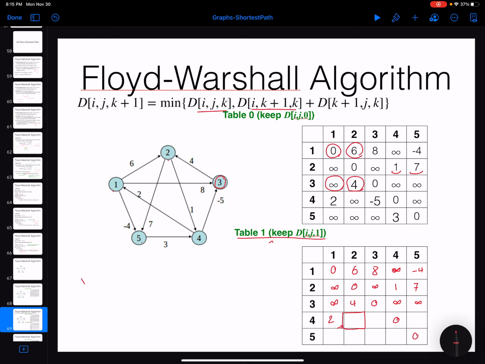We are looking for the cost of going from 4 to 2 using the node 1. This is going to be the minimum between these two cases.